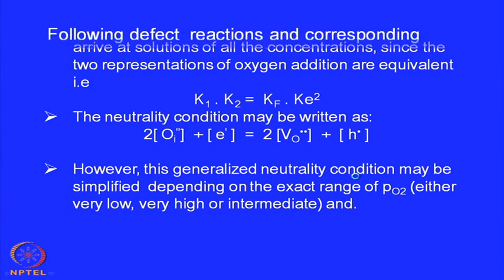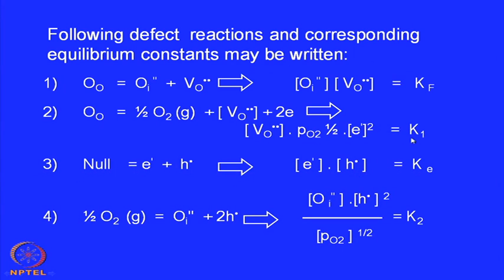You can see from here, in K1 K2, PO2 is basically cancelling out, and the square of this is there, and the oxygen vacancy and oxygen interstitials are there, and then this and this is also there. So, you will find K1 K2 multiplication is actually Ke into the square of this.